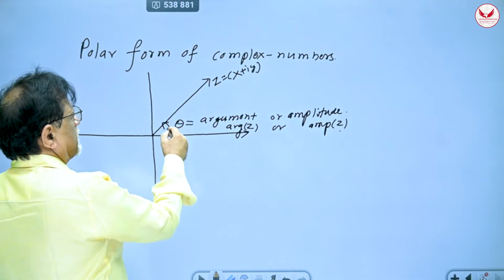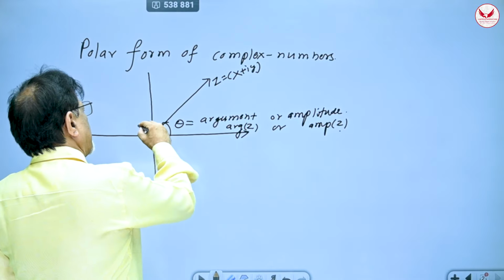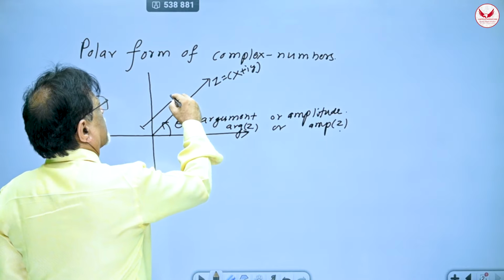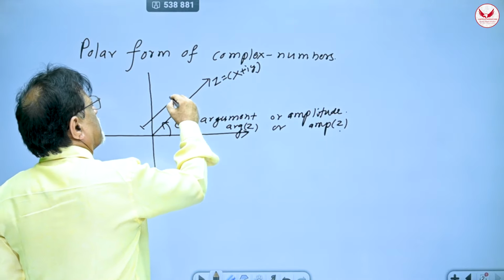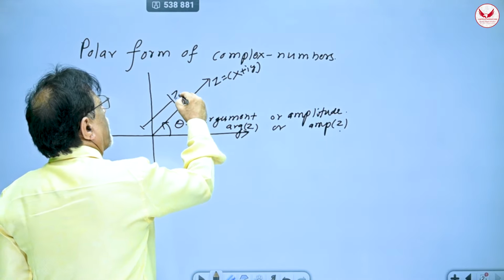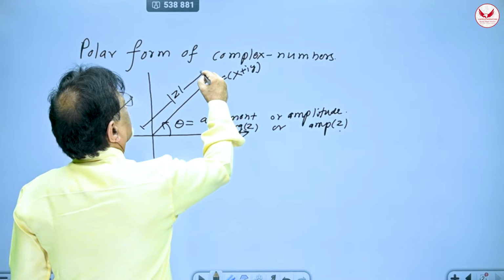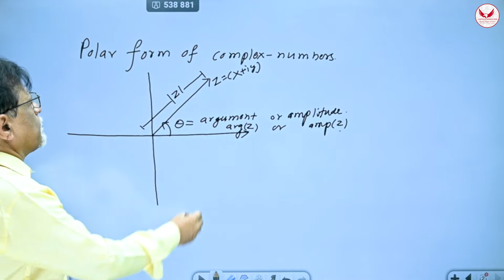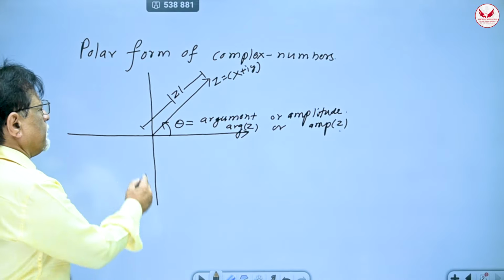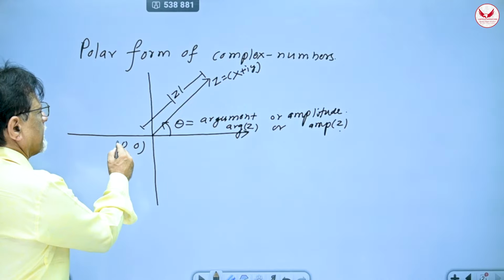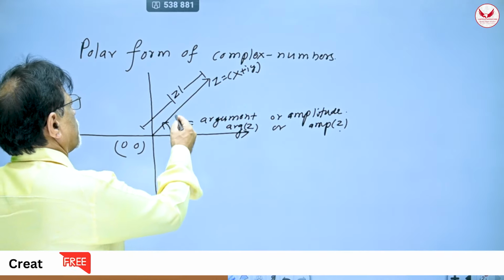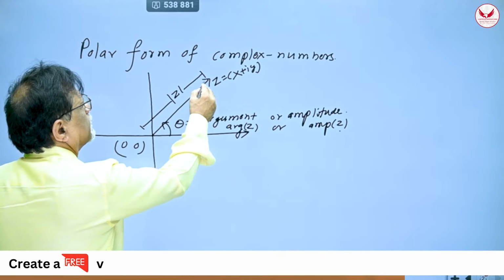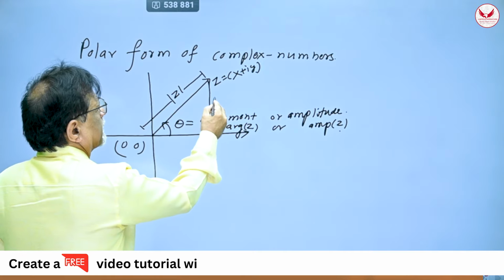So this is the angle argument, and this is the length of the complex number, or the vector representing the complex number, that is the magnitude. Magnitude is called mod z. It is nothing but the distance of the complex number x y from the origin. Now, what is the distance of the complex number? Because you all know that this distance is y, correct?